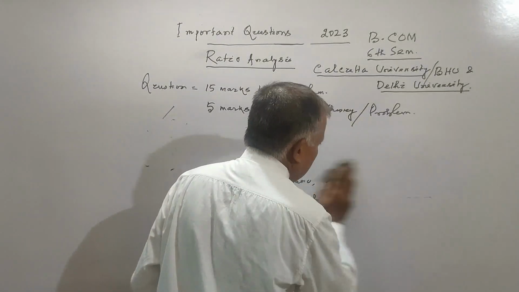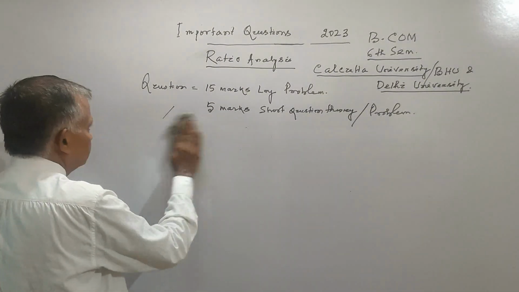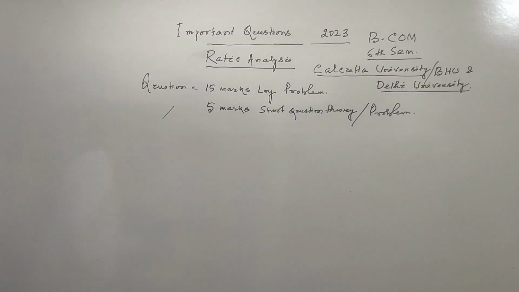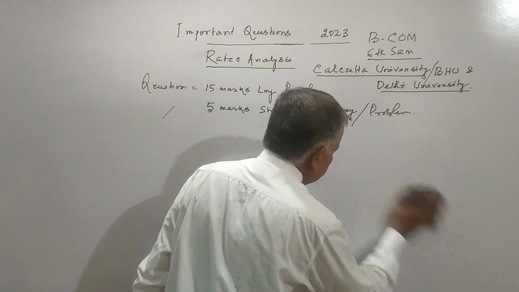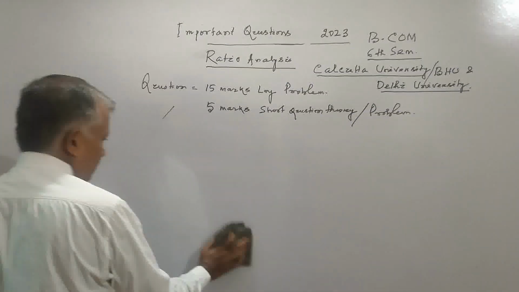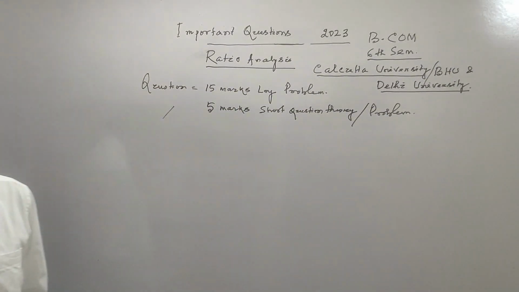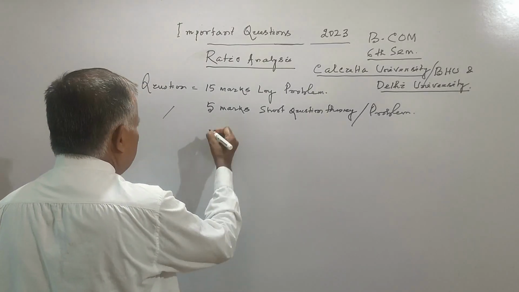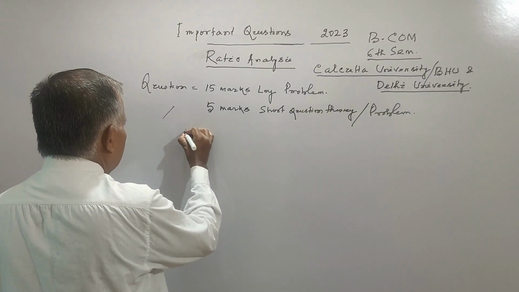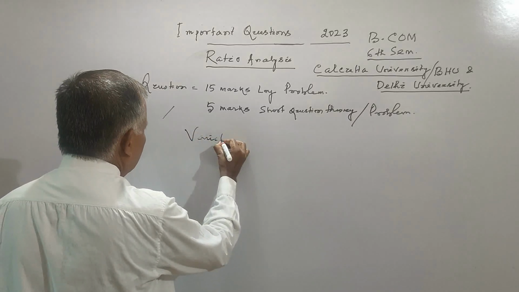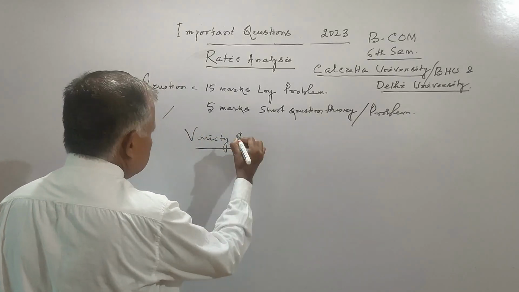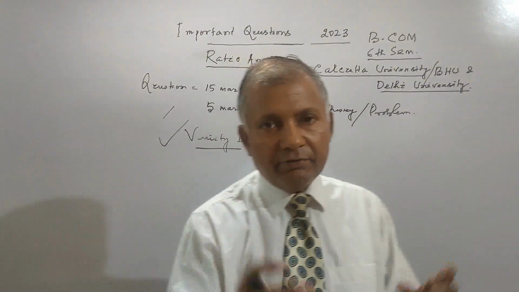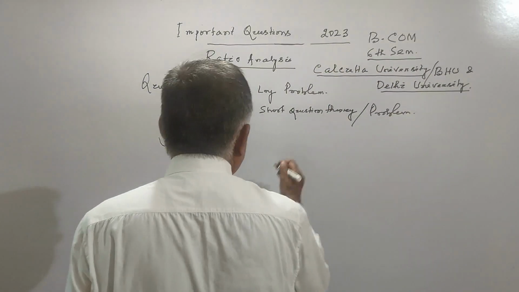Let me come to the problems. So far as the problems are concerned, they will give some data. Variety 1, which is the most likely variety: they will give you some data and ask you to prepare a balance sheet.